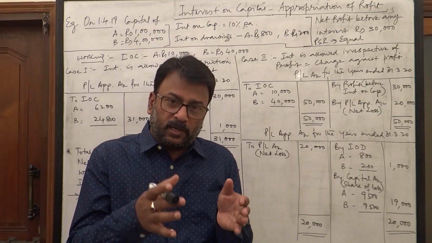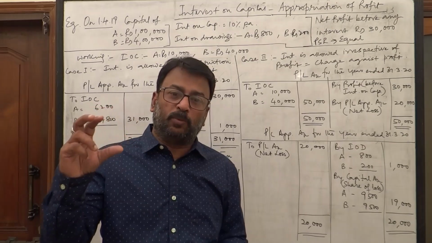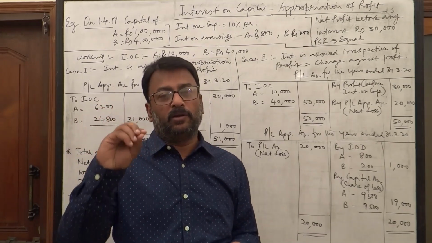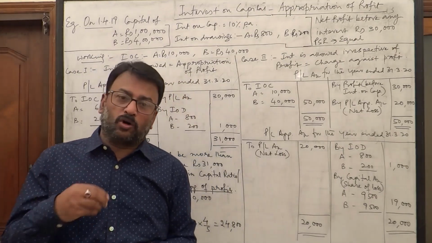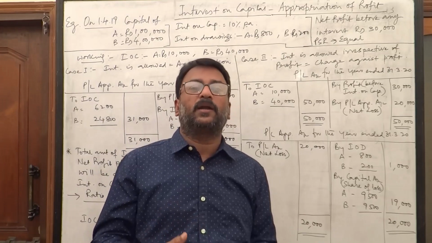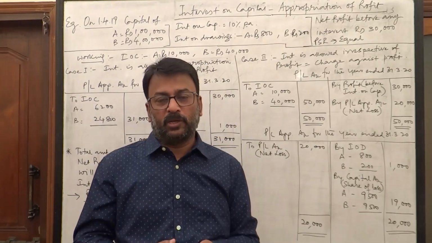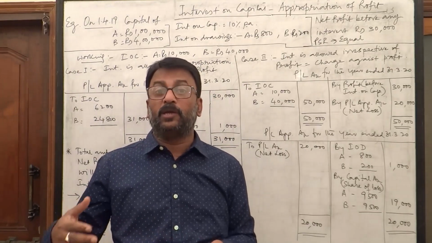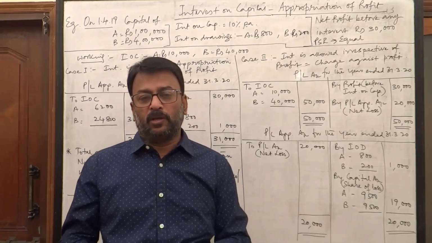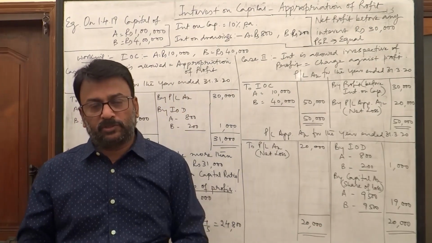So to protect his interest, a certain amount of profit is distributed in capital ratio. So automatically, since his capital contribution is more, he will get more profit. And whatever remaining profit will be there after allowing interest on capital will be distributed equally to all the partners.